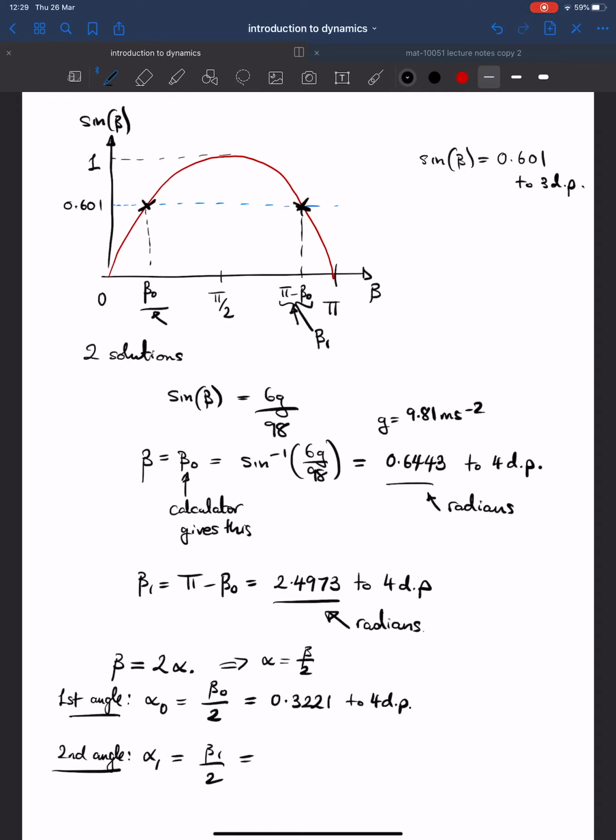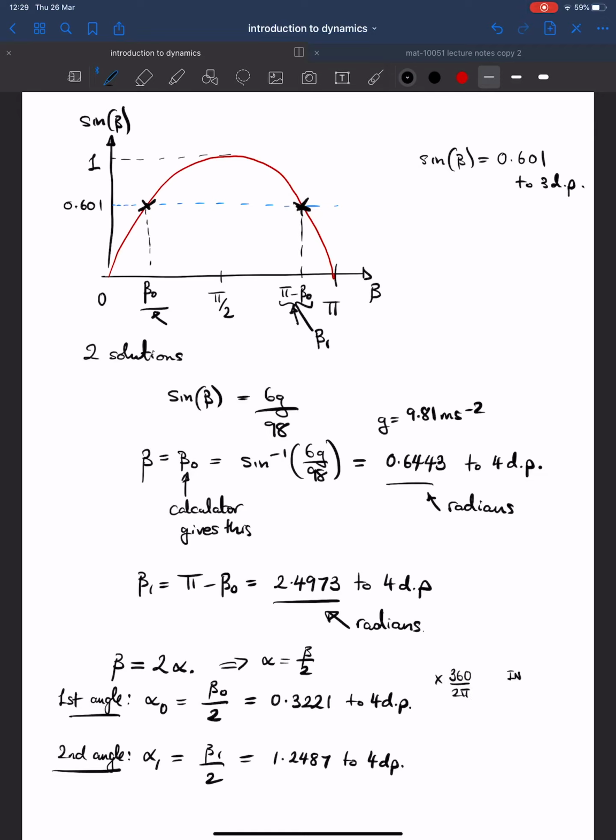So the next one is 1.2487 to 4 dp. Now, if we want to go back to degrees, you multiply by 360 and divide by 2 pi.